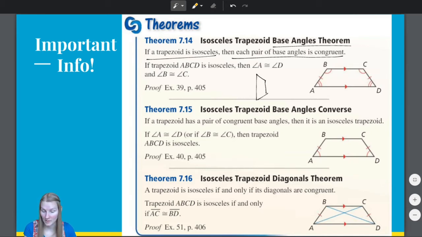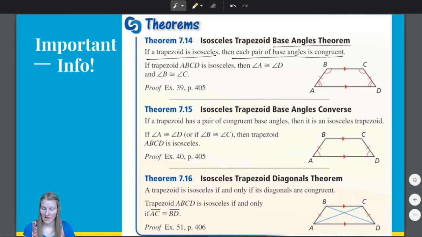Well, then the top and bottom would be the legs, and the legs don't have pairs of base angles. So I don't like saying top and bottom, but I think you get what I mean. It's the angles that go with the base that happens to be on the top in this diagram. Okay, so if a trapezoid is isosceles, then the base angles are congruent.